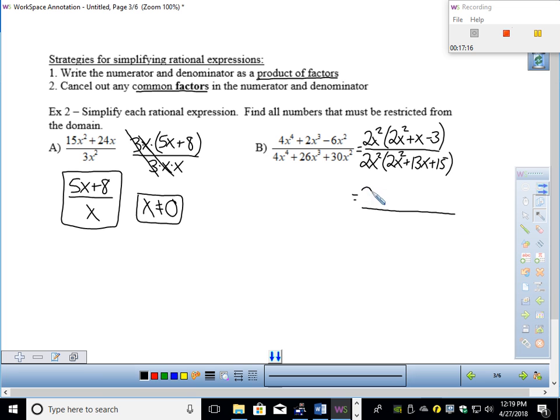So you should be more and more comfortable with factoring these types of expressions, especially with the number in front of the x squared. Let's see if you can do that. I'll give you a moment. If you want to pause the video and give it a try, I would encourage you to do that. And then I'll go ahead and write in what I have on my sheet.